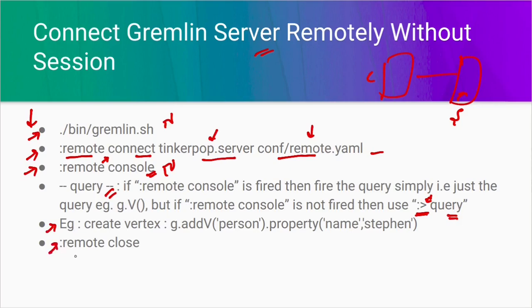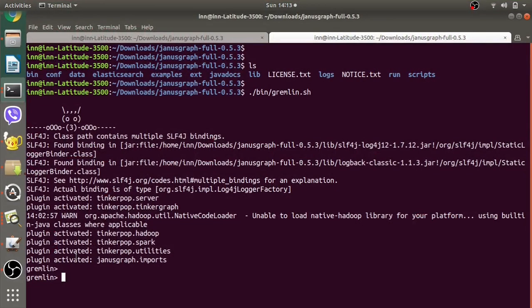Now let's try to follow these steps on our Gremlin server. The first step was just to establish the remote connection using remote connect tinkerpop.server, using this particular file, that is remote.yml, located in conf.